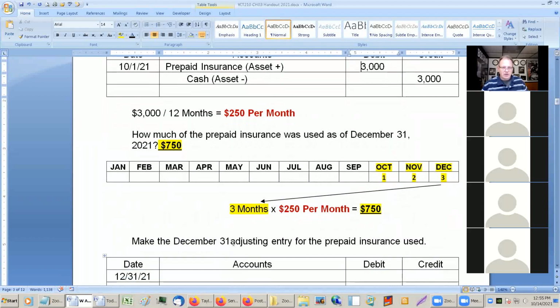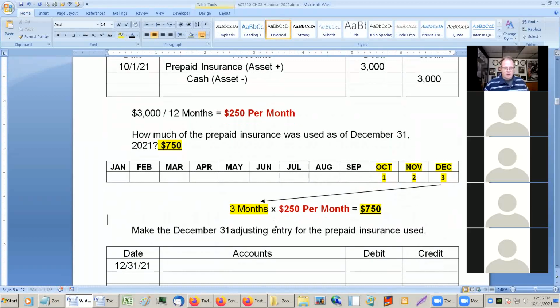So if we reduce it, the insurance, it's an asset going down by 750. And then the expense, same as last time, insurance expense.